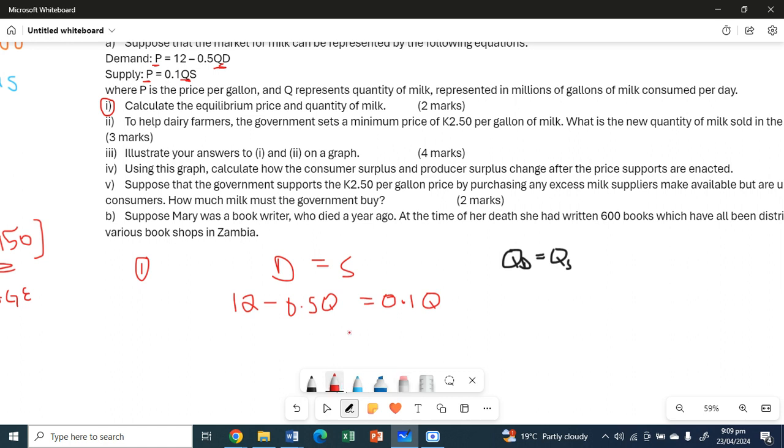So this is all about algebra, like terms. This negative 0.5 Q, we are going to take it over this side.